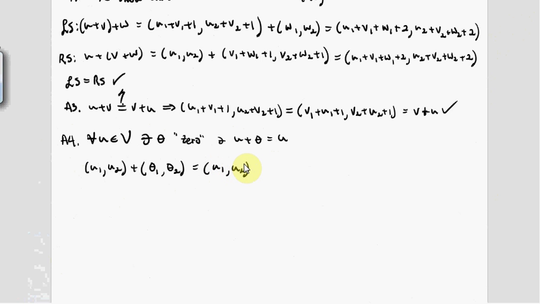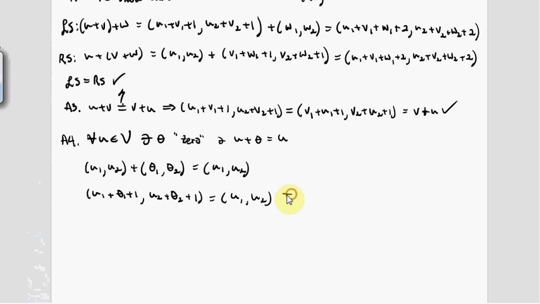The only problem is that when you're adding vectors here, you have to add 1 within the components. So the left side is (u sub 1 plus theta sub 1 plus 1, u sub 2 plus theta sub 2 plus 1). That has to equal (u sub 1, u sub 2). Well, the only way to rectify that is this.